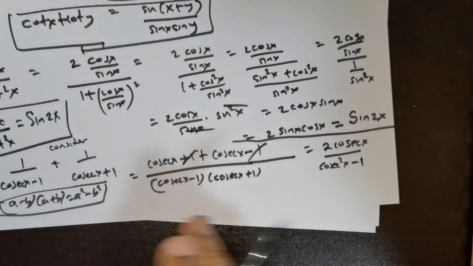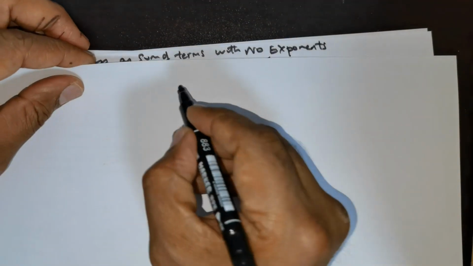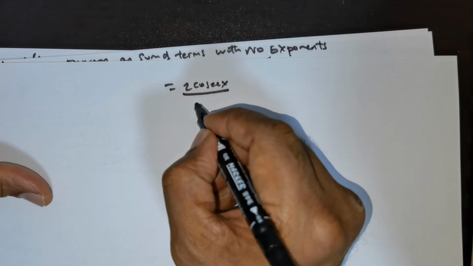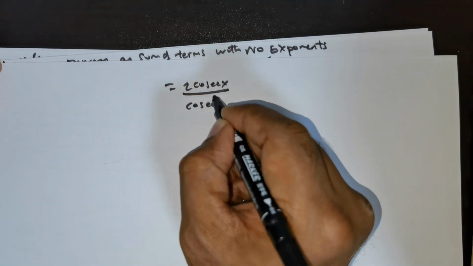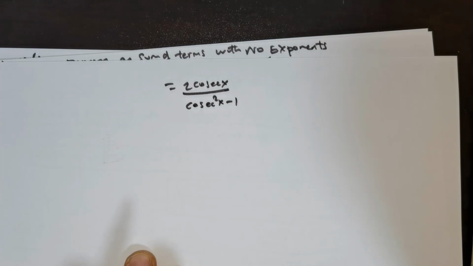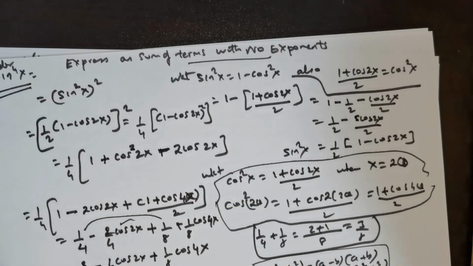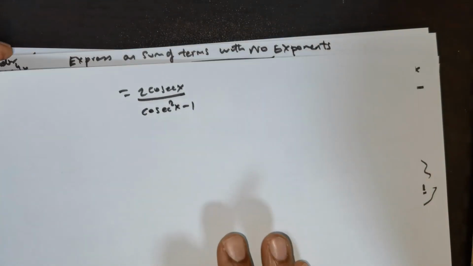Now let me go to the new page. So what I've got, I have got 2 times cosecant x divided by cosecant squared x minus 1. Am I right? Okay, that's exactly what I've got. 2 times cosecant x.